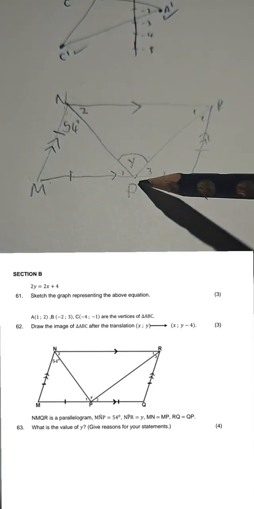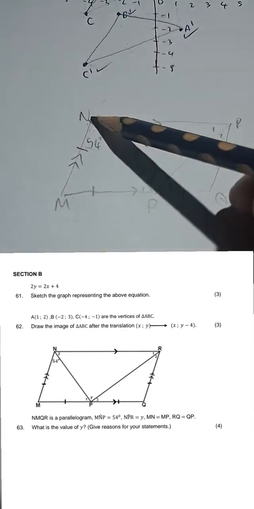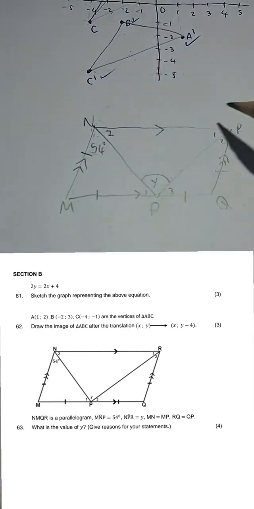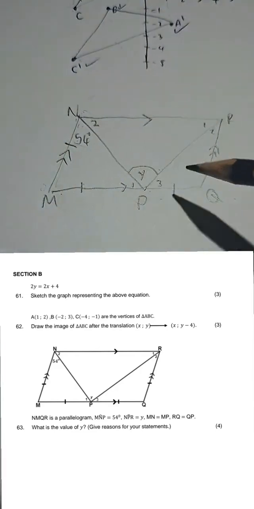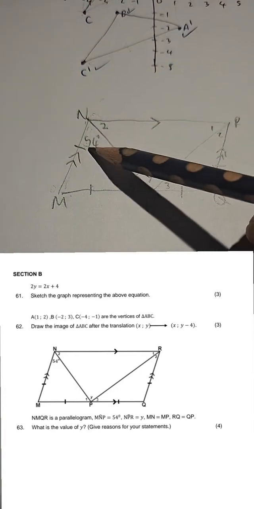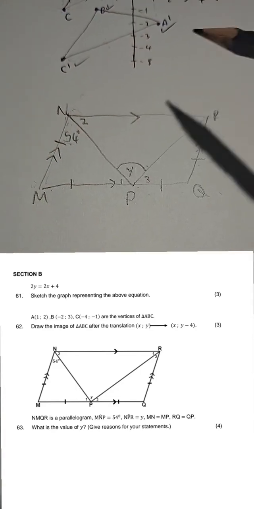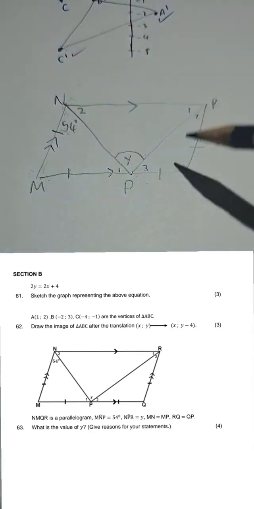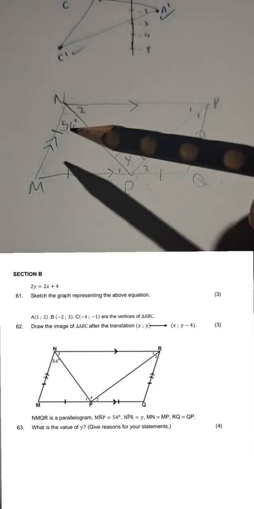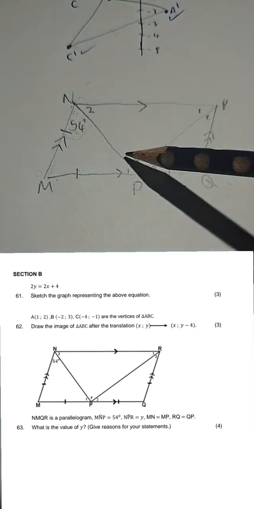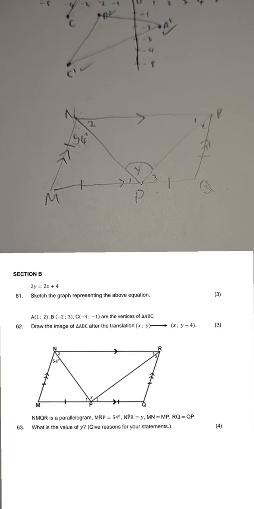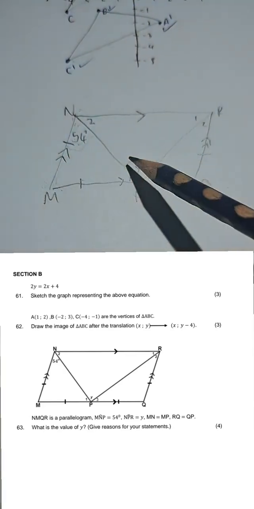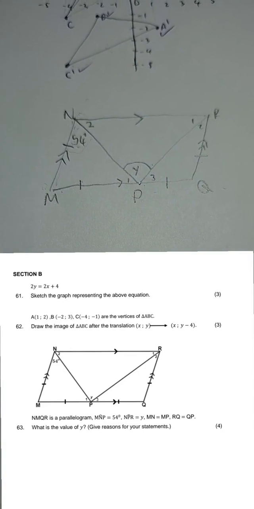If PR and MN were parallel, we would say that Y is equal to 54. But we can't say that because line MN is not parallel to PR. So we can't conclude that this angle is equal to that angle. That's incorrect. So we need to use other logic to find the value of Y.